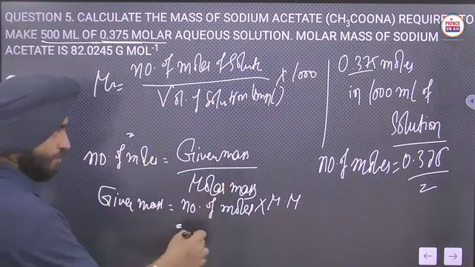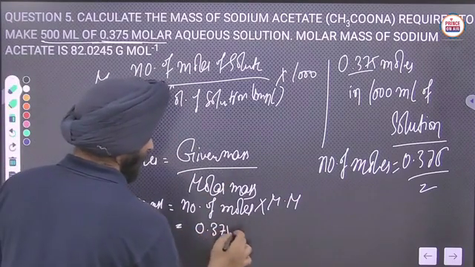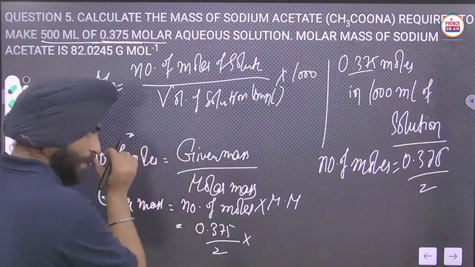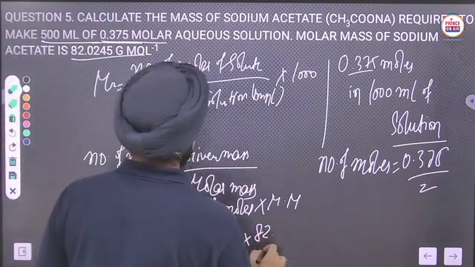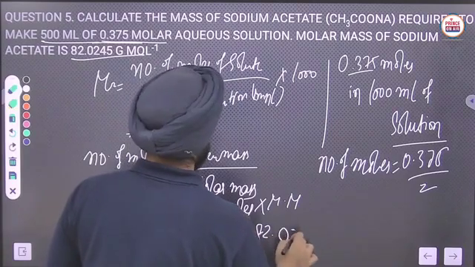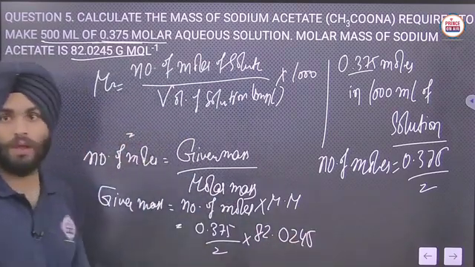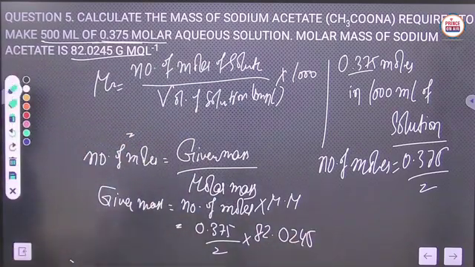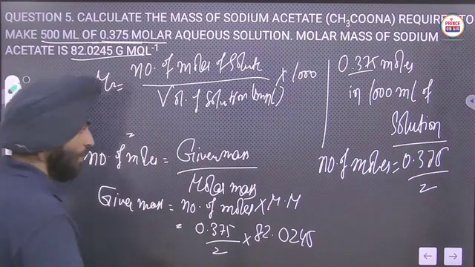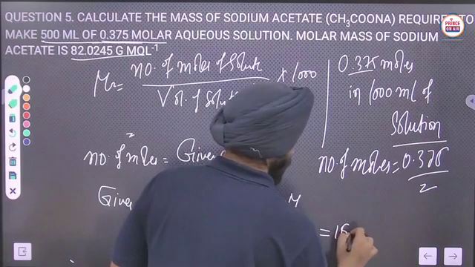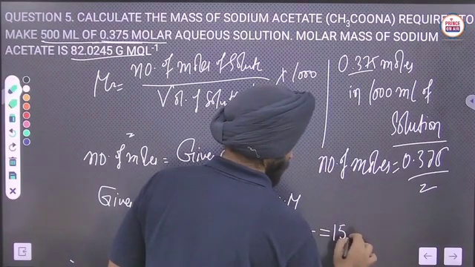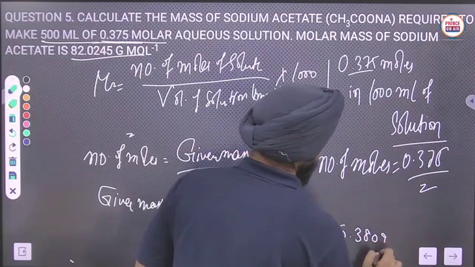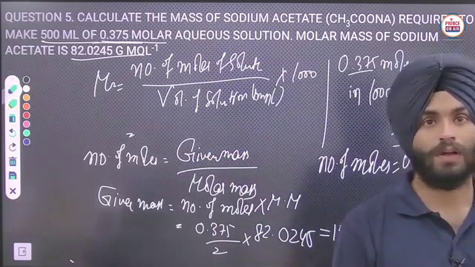Number of moles are 0.375 upon 2 and molar mass is given to you, 82.0245. So just do that calculation here and the answer will come out to be 15.380 gram. Okay, clear?